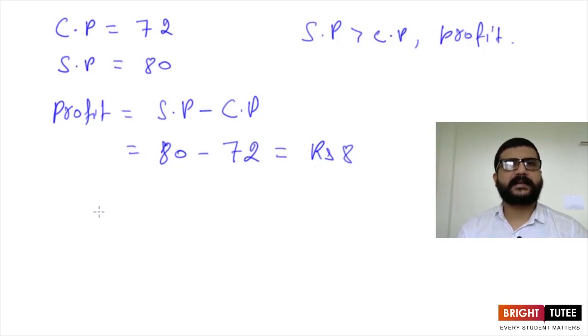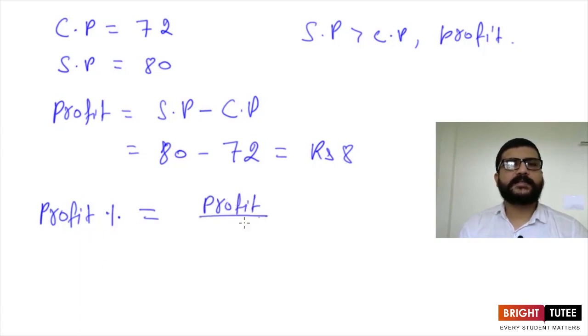Now what about profit percent? How much is the profit percent and how can we find that? Let's see it. So profit percent. One method of finding profit percent is we can use this: profit upon CP into 100. This will give us profit percent. Now how much is the profit? It is 8 upon CP.